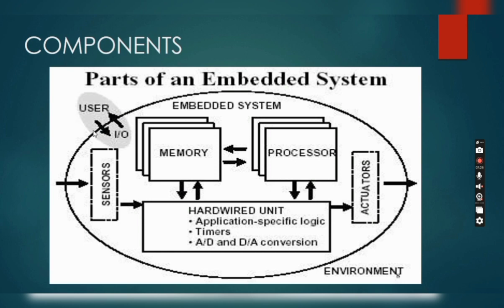Input and output interfaces. These interfaces enable communication between the embedded system and the external environment. Common examples include digital and analog input-output pins, and serial communication interfaces such as UART, SPI or maybe I2C, etc. Sensors and actuators.